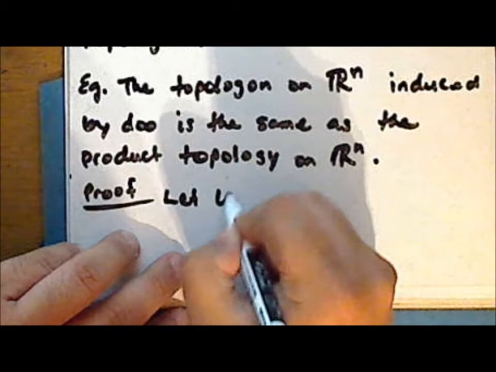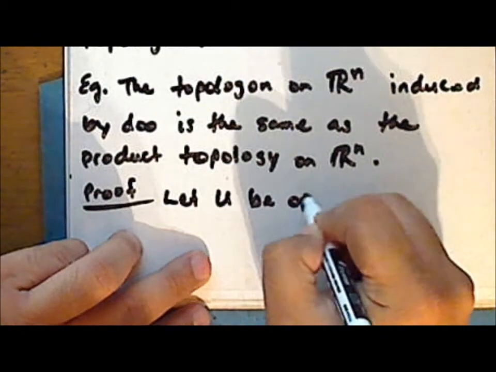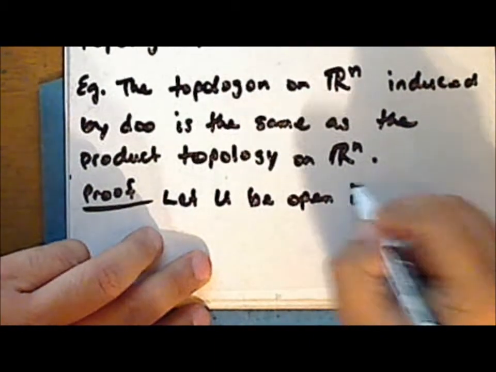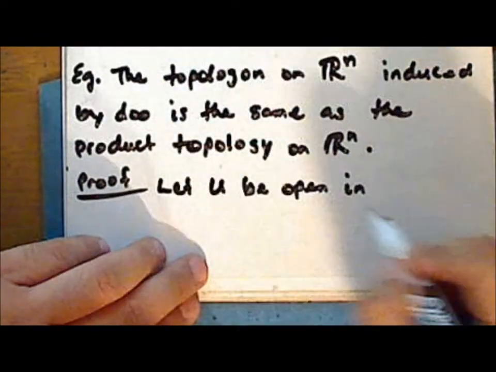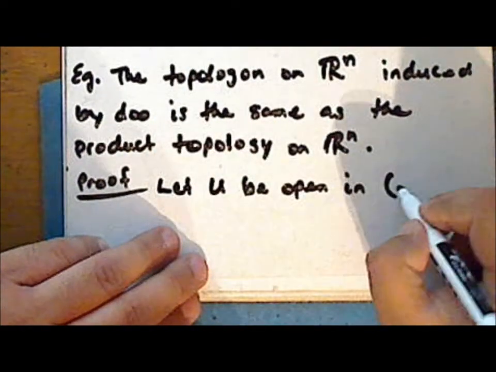So let the set U be open in the product topology.